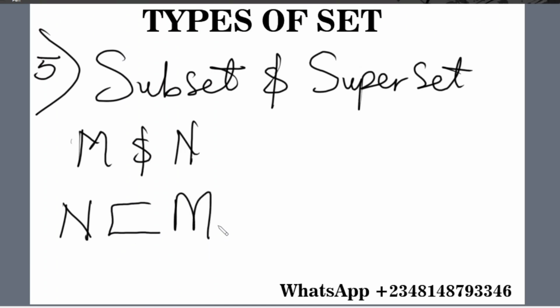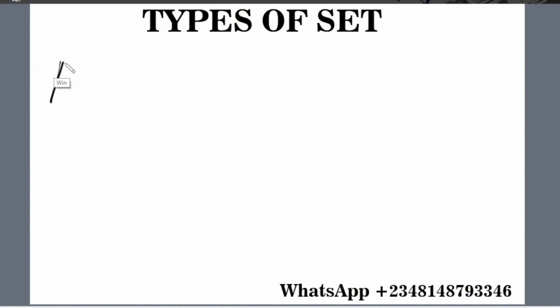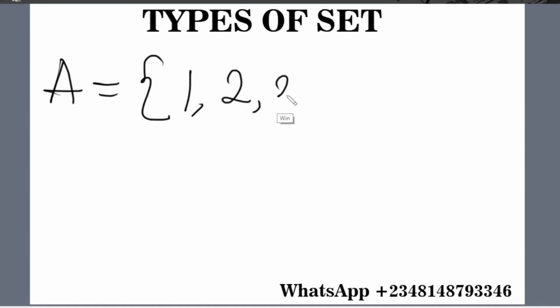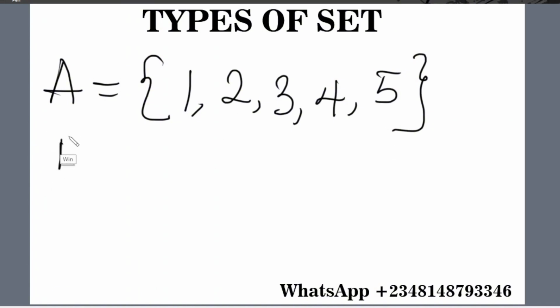So let's take an example for proper understanding. A equals 1, 2, 3, 4, and 5. Then you close the bracket. While B equals 2 and 3.